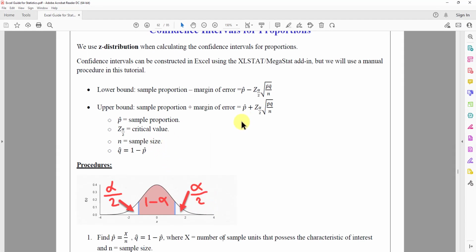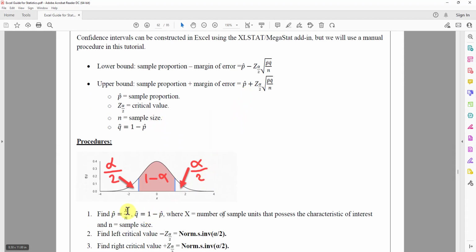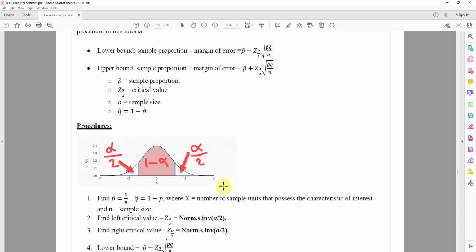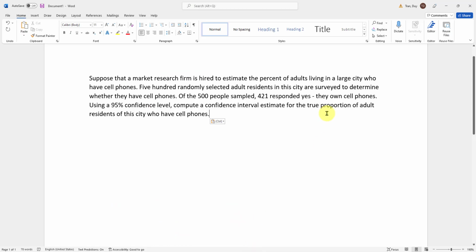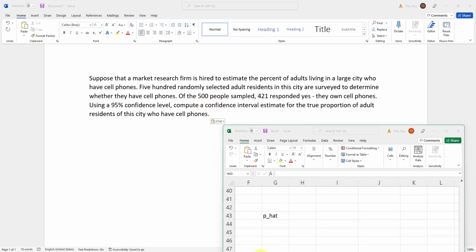It is equal to x over n. And x is just the number of the sample units that have that characteristic that we are looking at, right? So in this case, we look at this problem. Out of the 500 people sampled, 421 people said yes, that they own a cell phone. The sample size is 500. So I have the sample size, it is 500.